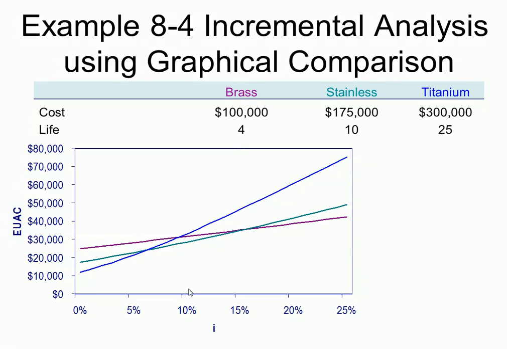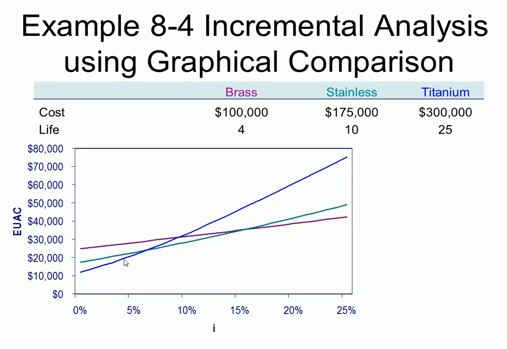We can plot them again against different values of i. And so here you can see, right, this is brass. This is the lowest initial cost alternative. And then this is stainless, a medium initial cost alternative, and here's titanium, which is the highest initial cost alternative.